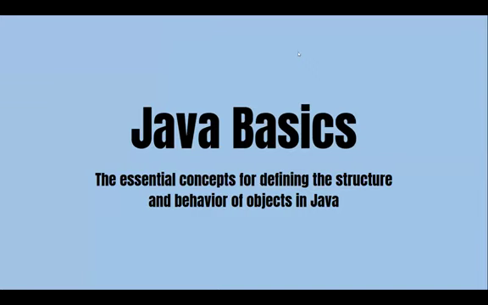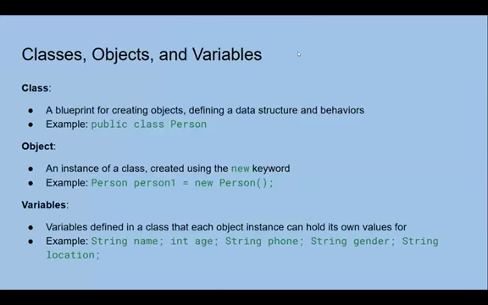Okay. Hi, everyone. My name is Sonia, and I'll be presenting an introduction to Java programming. I'll be going over the essential concepts you need for defining the structure and behavior of objects in Java. I'll start with classes, objects, and variables. A class in Java is a blueprint for creating objects.